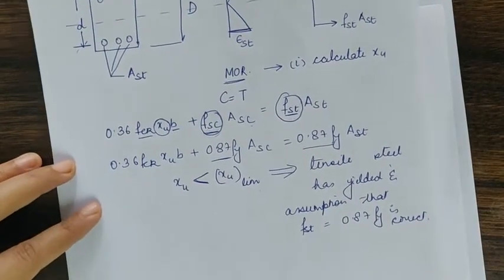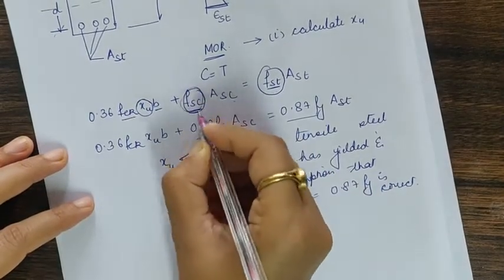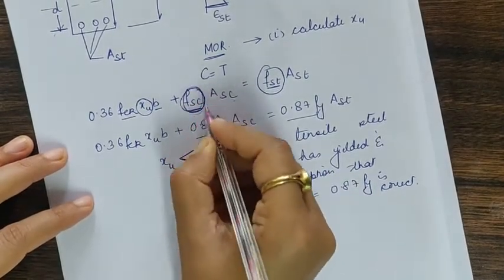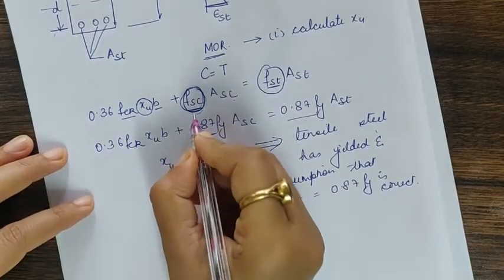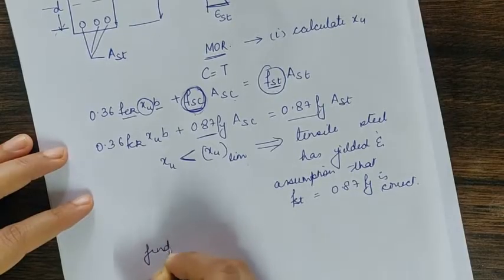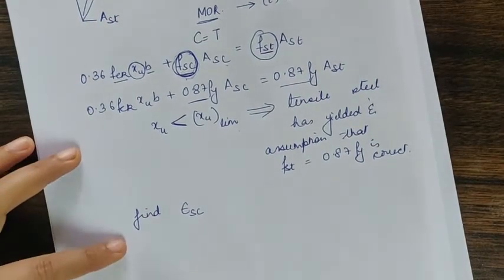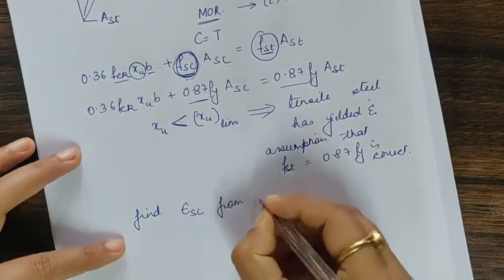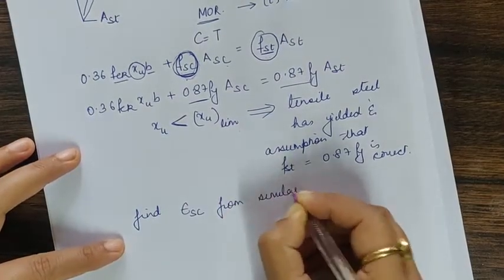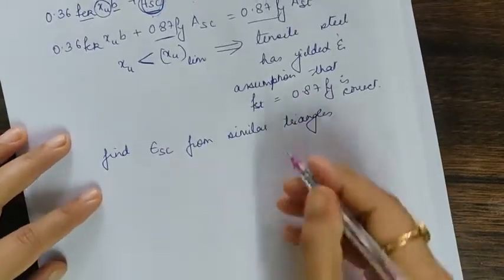Is it okay? Clear? Now, how do we find out that my assumption that FSC has also yielded is correct? For that, I will be finding out epsilon SC from similar triangles. What do I mean by this?